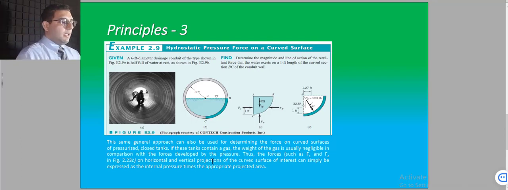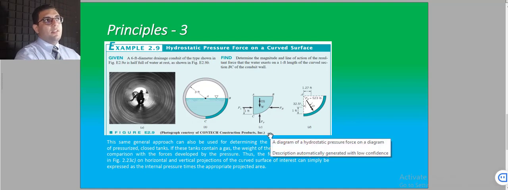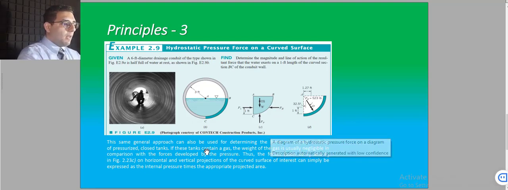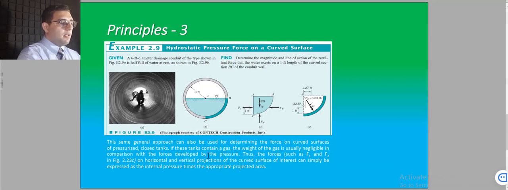Welcome back, guys, to the last stage of this session. So far, the resultant forces on a curved surface that we have calculated were not about a pressurized fluid. If we consider that we have a pressurized fluid, the forces exerted on the fluid are somewhat similar to the previous formulations.